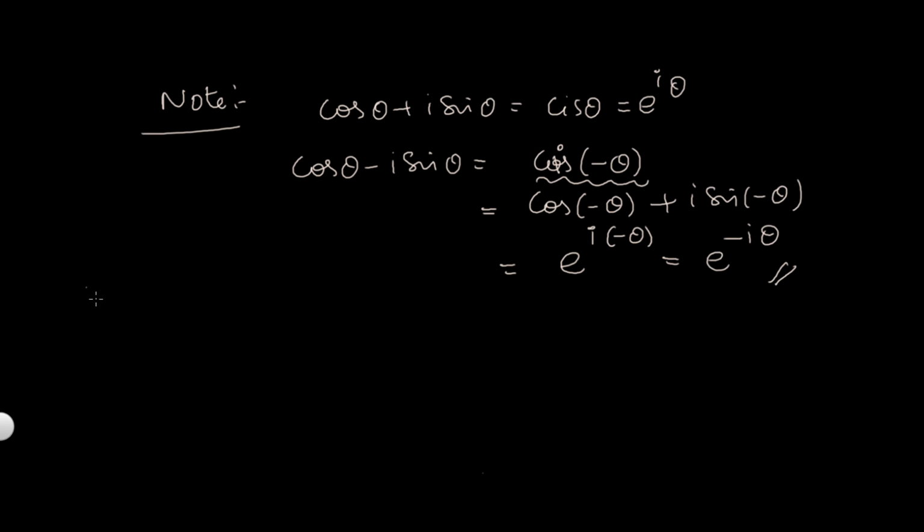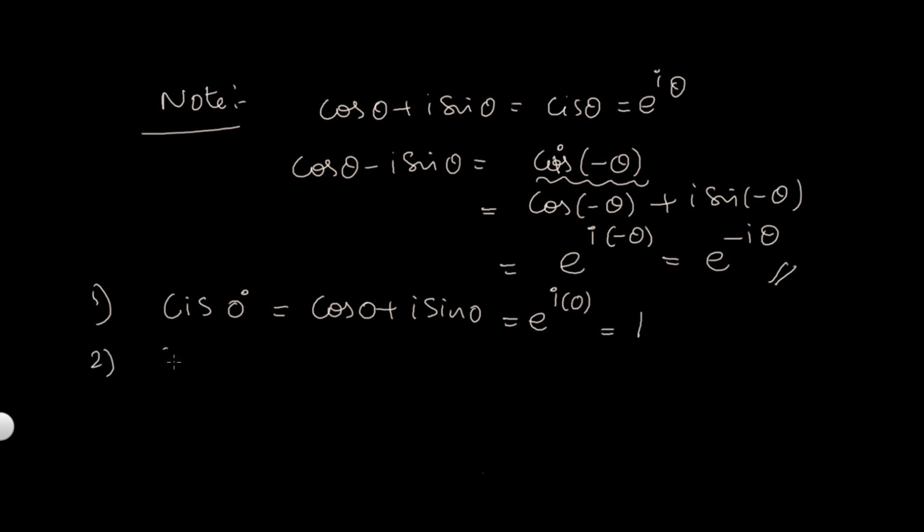Next, simple short forms, which you must always remember. Cis 0 is cos 0 plus i sin 0, that is e to the power of i 0, which is 1. Cis pi means cos pi plus i sin pi, that is e to the power of i pi, which is minus 1 plus i into 0, that is minus 1.